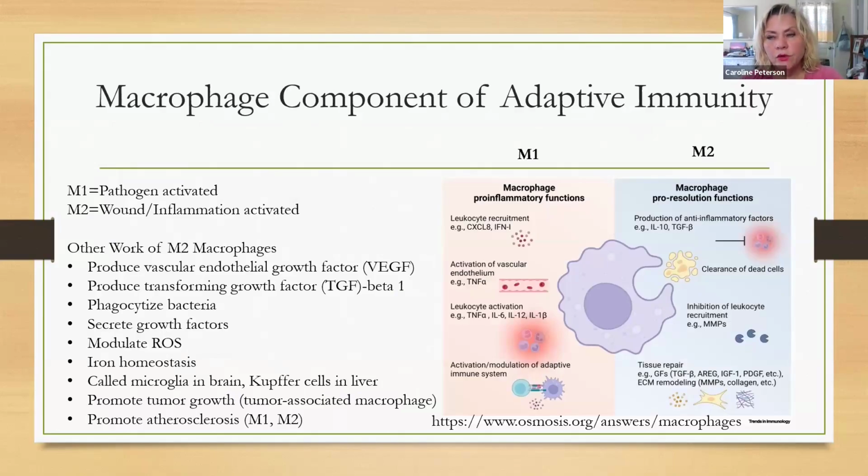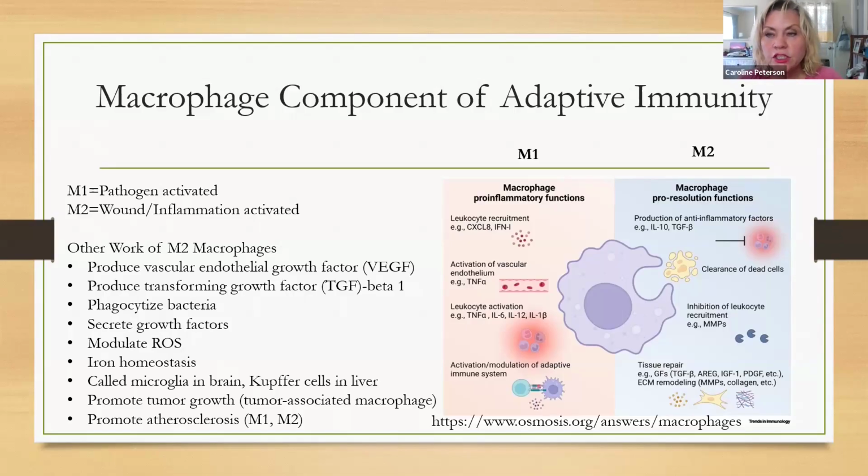So we talked before about how macrophages in general are related to the innate immune system, and that the GLP1 is related to the innate immune system, which is the barrier system, first line of defense. However, once the innate system is activated, it can turn on the adaptive system, right?